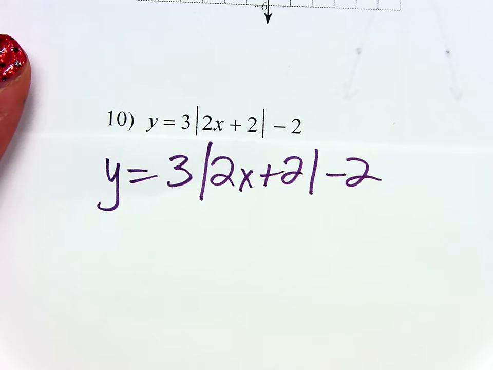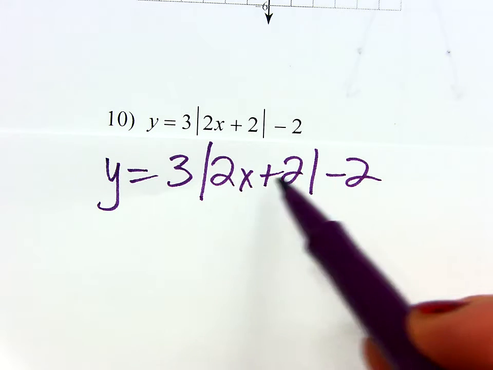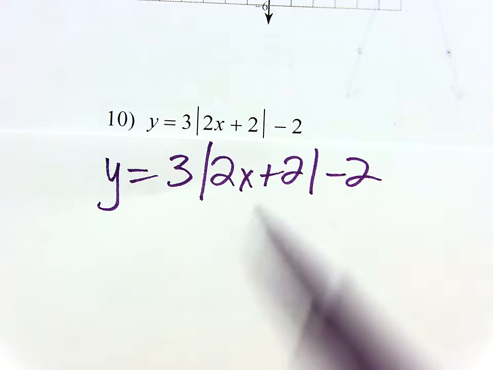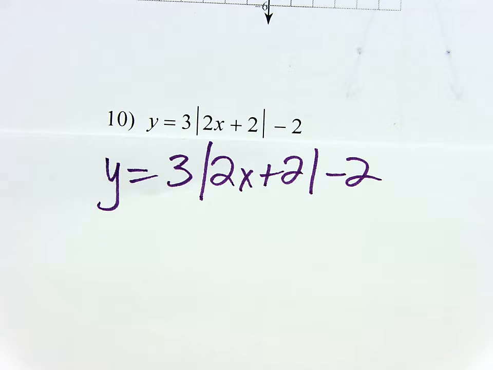I can rewrite this as the product of 2 things. What times x plus 1? 2. 2 times x plus 1. Can I factor out a 2?